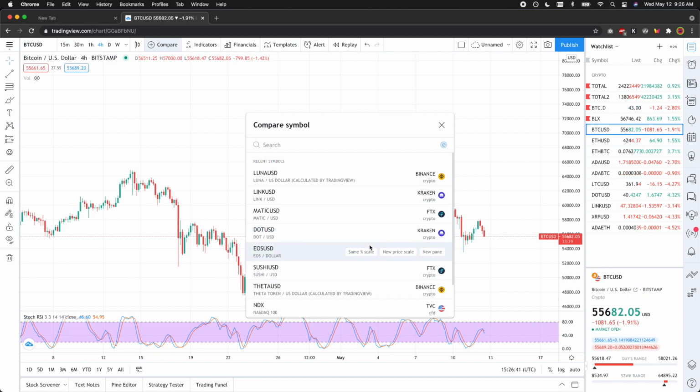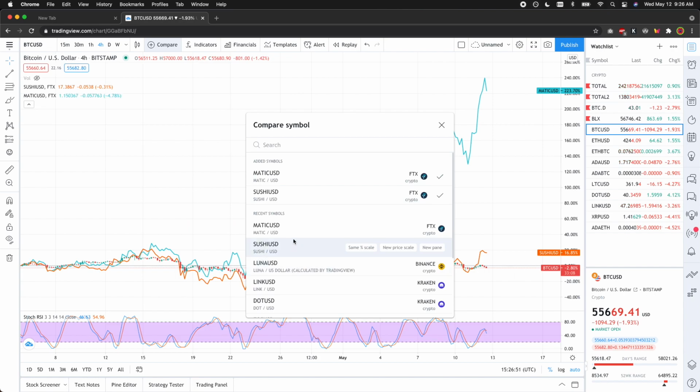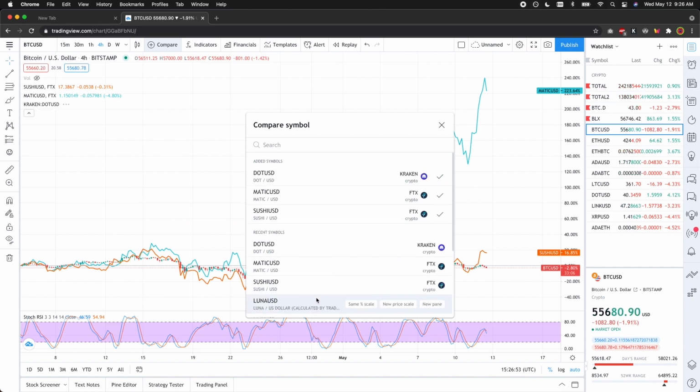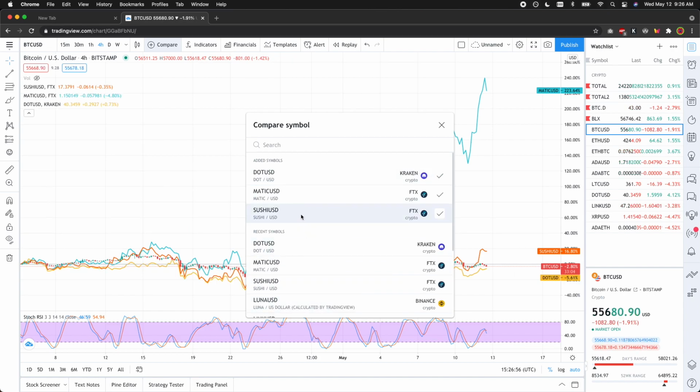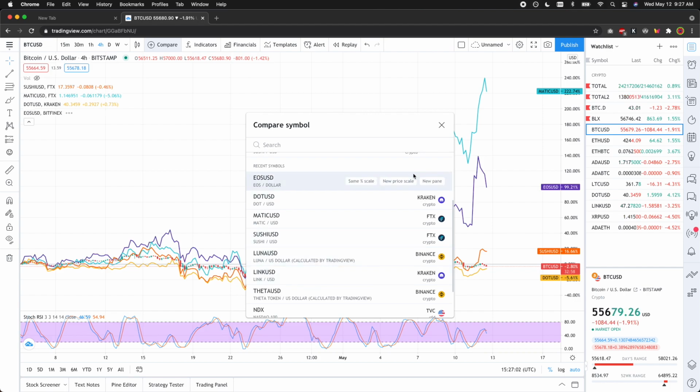So, I woke up this morning, everyone was talking about sushi, so I'm going to add sushi to this chart. I'm going to add Matic. I'm going to add Dot, and I'm going to add EOS. Has been on a pretty good tear.